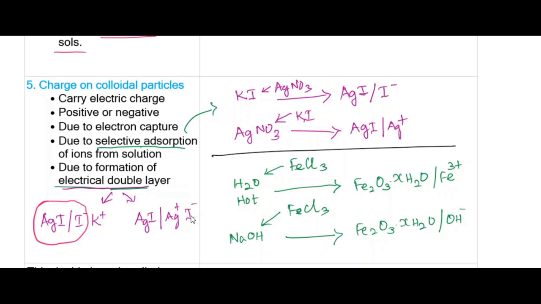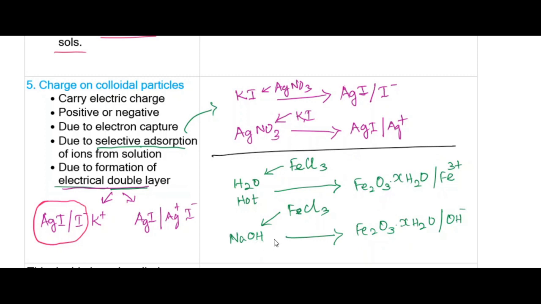I can give one more example also. For example, when you take hot water and add ferric chloride, what happens? Hydrated ferric oxide forms, along with the adsorption of ferric ions. So these ferric ions surround the hydrated ferric oxide, and thereby it attains what charge? Positive charge. So they are positively charged colloidal particles.